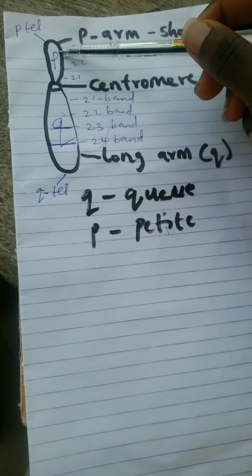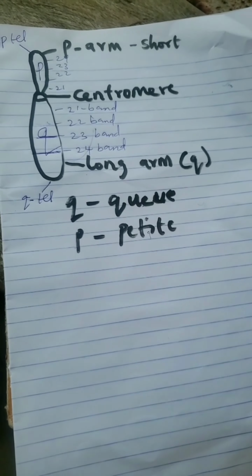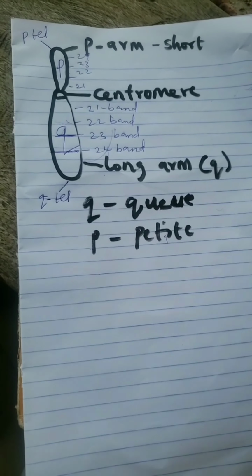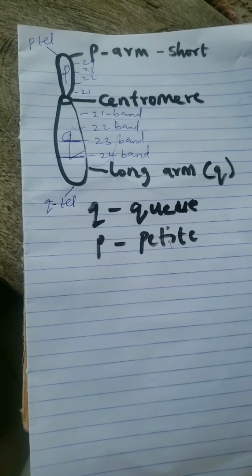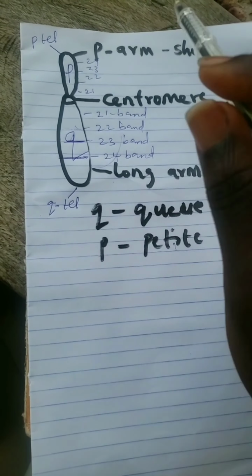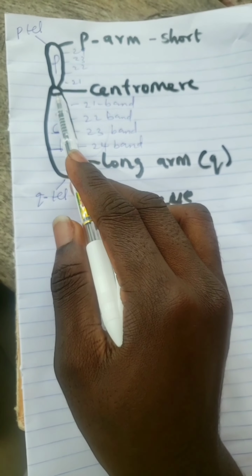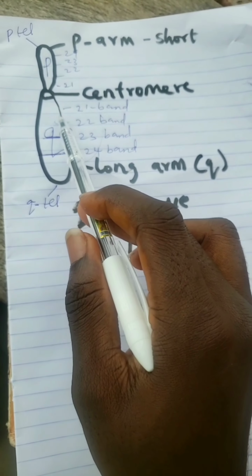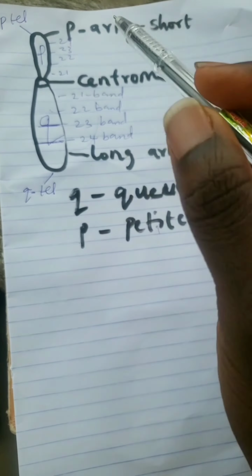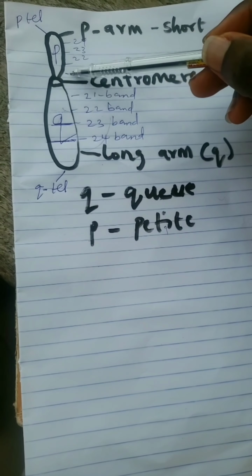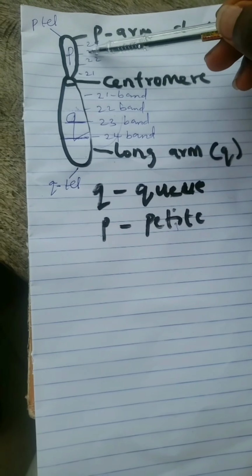We'll be counting the same way here. So we make our counts according to the location of the centromere while naming the chromosome. We count 1, 2, 3 down to name this long arm, and the same way 1, 2, 3, 4 to name this short arm.